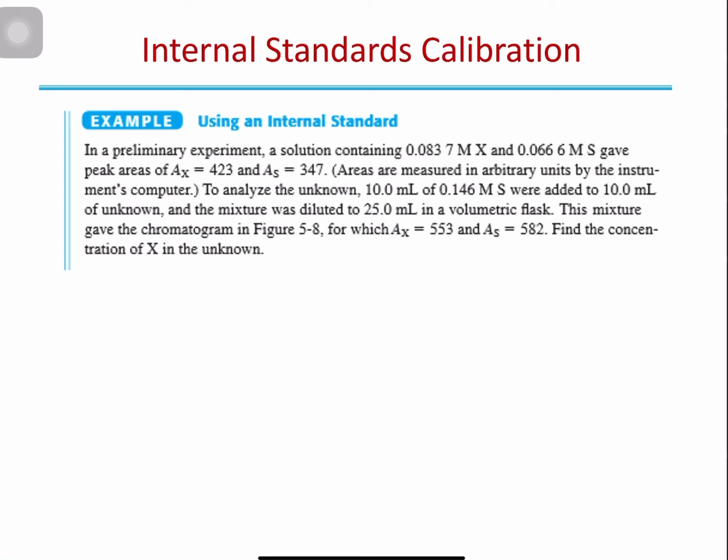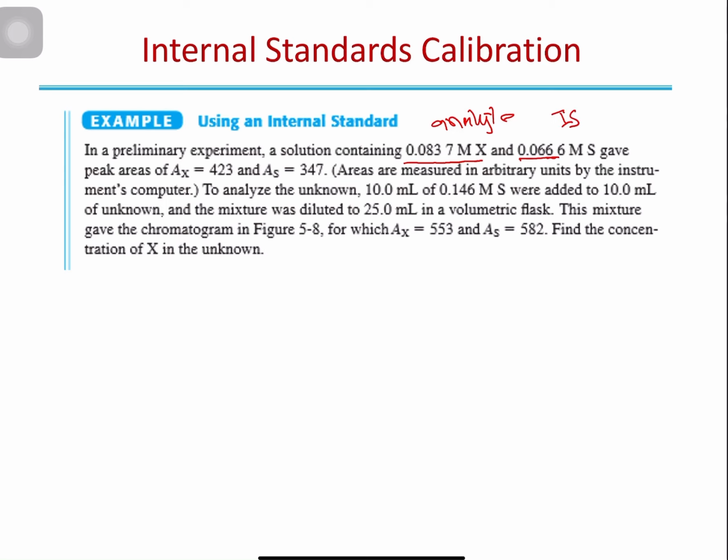So let's have an example to see how we can work this out using an internal standard. In an experiment, a solution containing 0.0837 molar of X, here a standard solution of our analyte, and 0.0666 molar of S, which is the internal standard.